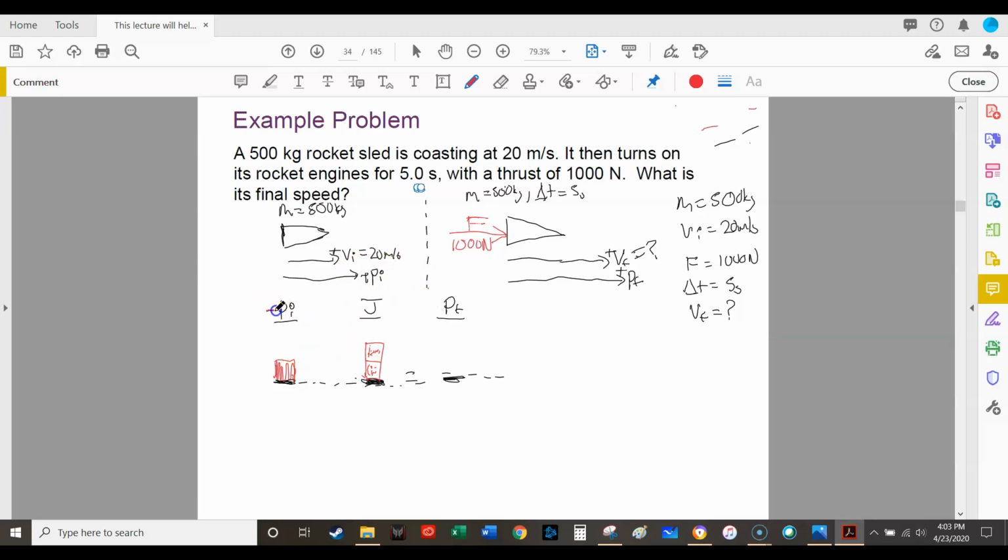The initial momentum is positive, right? The J vector is going to be positive because it is the force vector. The force is going to be to the right and positive, so the J vector is going to be to the right and positive. So what that means is that 1 block plus 2 blocks is going to be equal to 3 blocks, right?